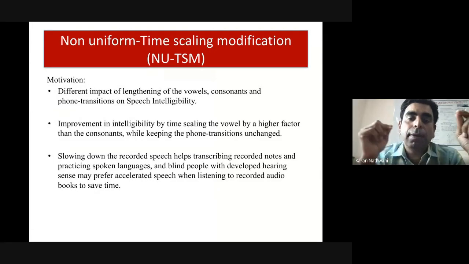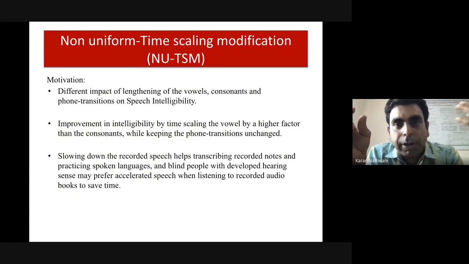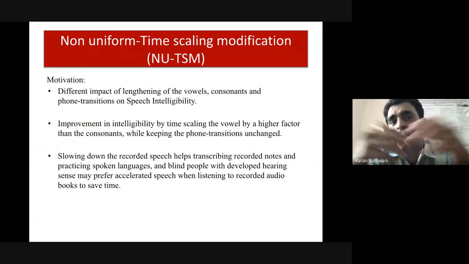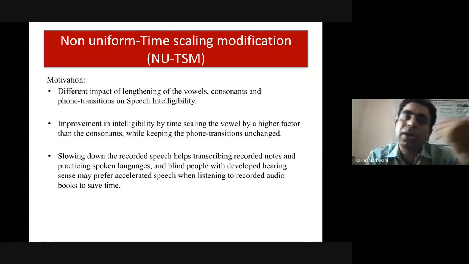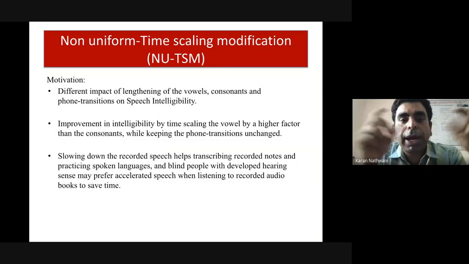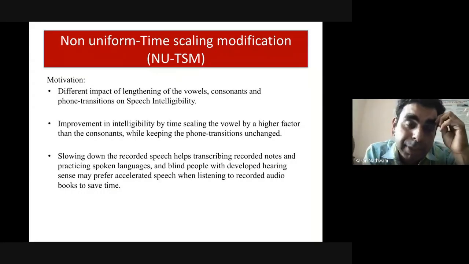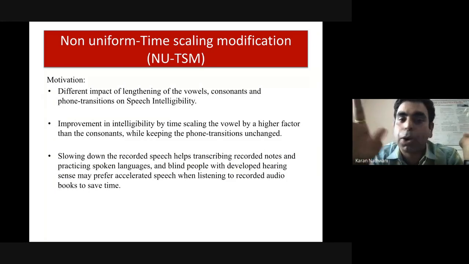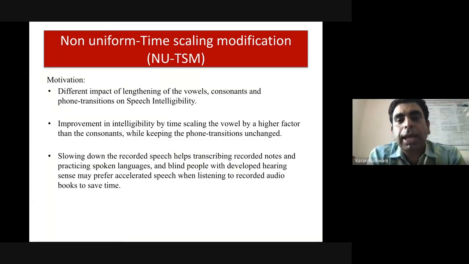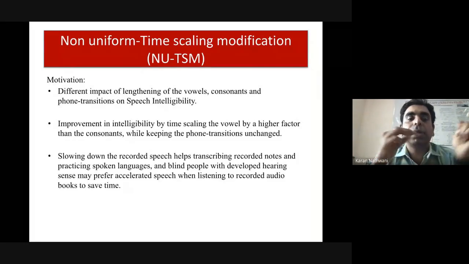Means if I have a voiced segment, I'll slow it down by, let's say, 0.5, and for unvoiced also I'll use 0.5. But in this case I did a different approach where I do non-uniform time scaling. I'm not scaling the voiced segments and unvoiced segments by the same amount. I'm taking a different factor, and that is where the novelty lies.